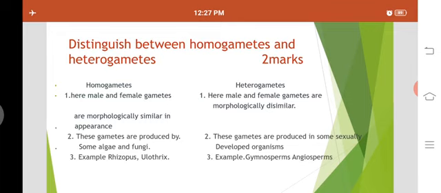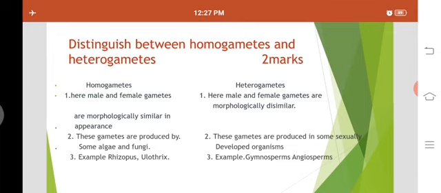But many different organisms are there. Some of the organisms are capable of producing the homogametes and some are capable of producing the heterogametes. Understood? The organism is able to produce the gametes, both male and female gametes, and both the gametes are similar in appearance.